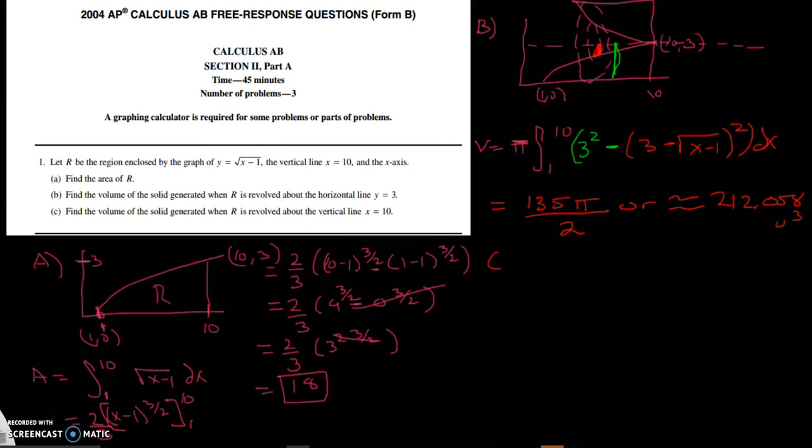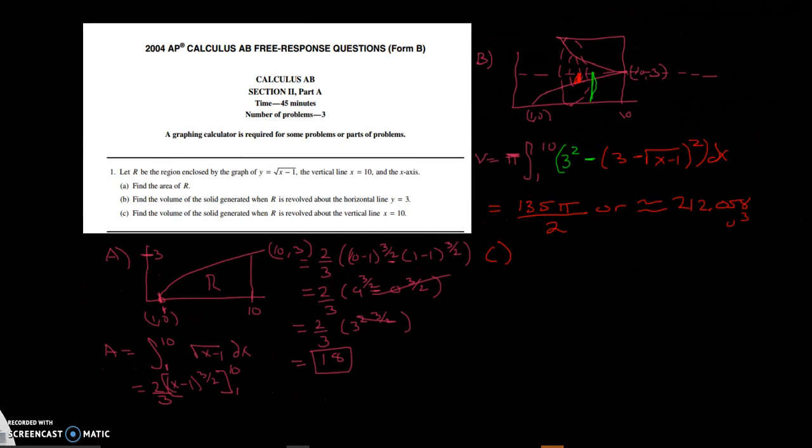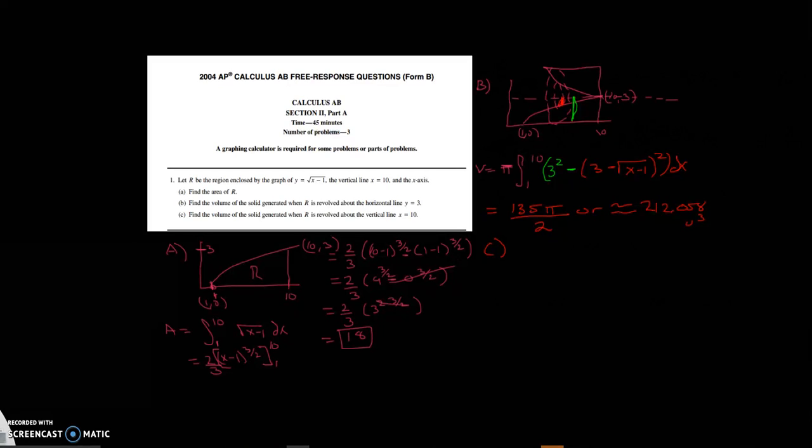Okay, part C says find the volume of the solid generated when R is revolved around the vertical line x equals 10. I'm going to zoom out so I have a little bit more room to work. You have the same exact shape, but we are now rotating it over this.